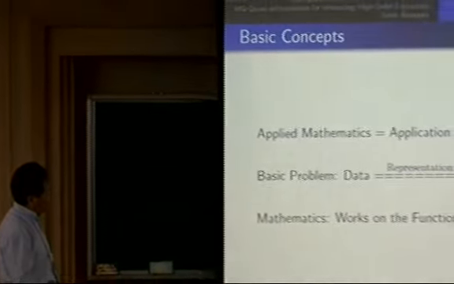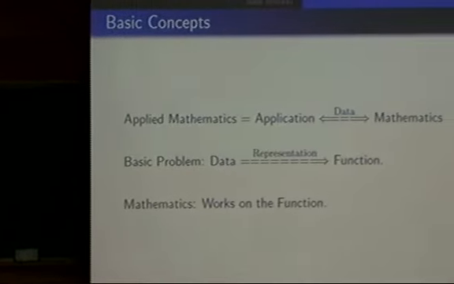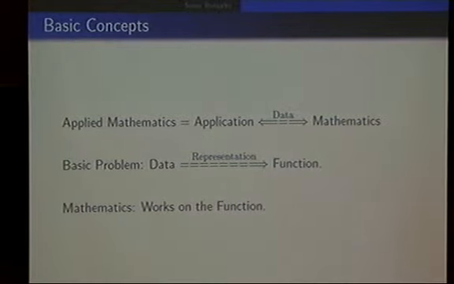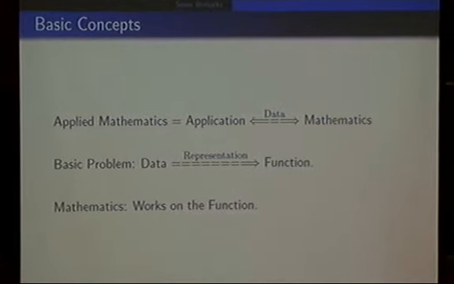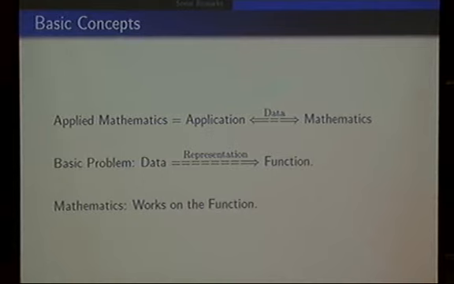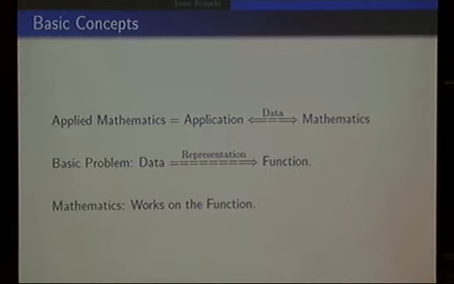Then the basic problem is this: we should find from the data some method to represent the function, and then we mathematicians can get involved in this work. We can analyze the function, take the derivatives, and so on. This is our work. This is the interface, a very important part of applied mathematics.